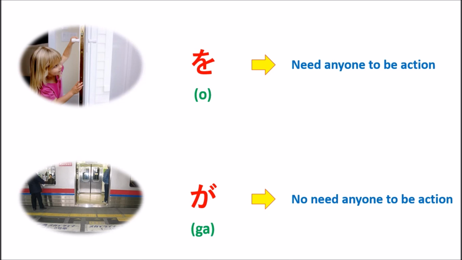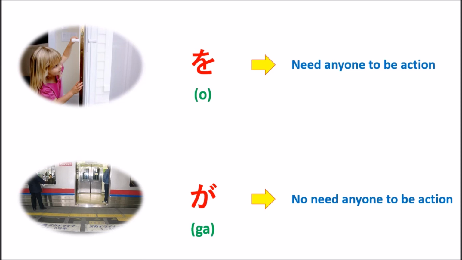But for something that happens automatically, with no need for anybody to act, such as the automatic door opening and closing, we use ga, we cannot use o. And this is the difference between how to use o and ga in Japanese.